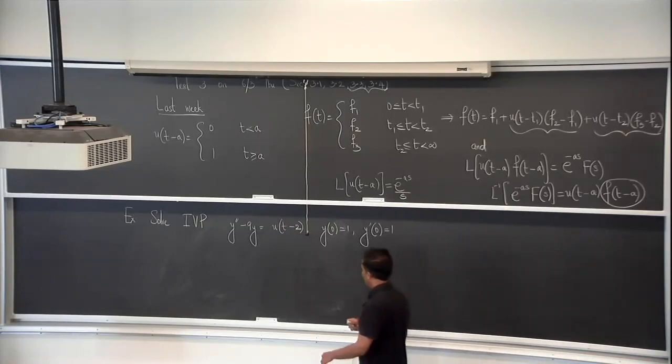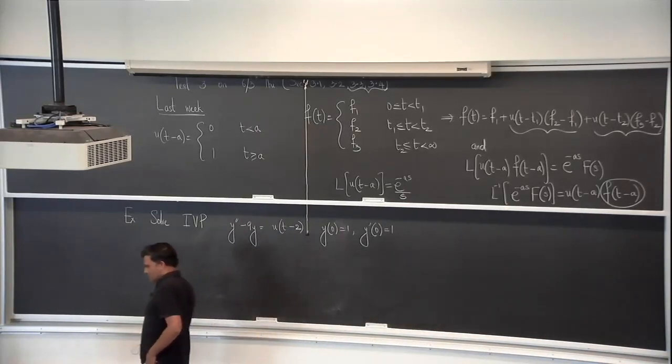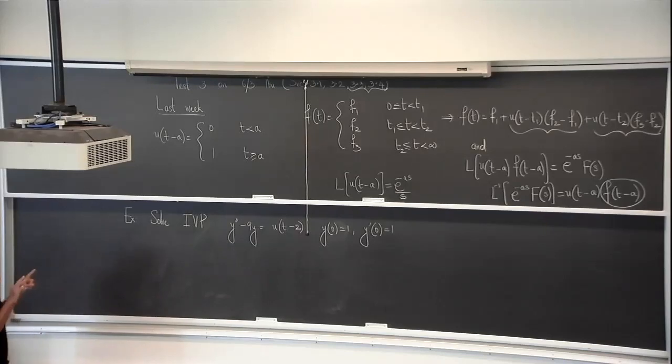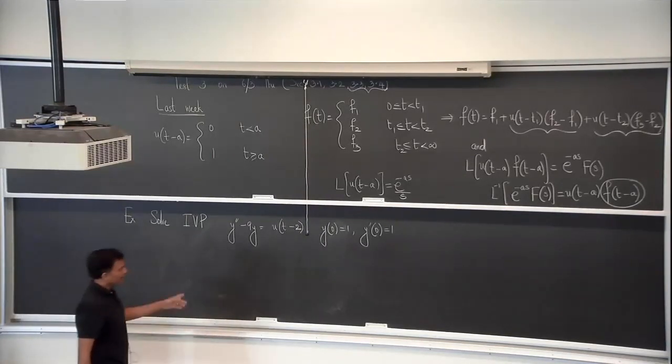And I'll tell you a common mistake students make with this particular left-hand side sometimes. Hope all of you have your Laplace tables with you, printed or electronic. You need that here.